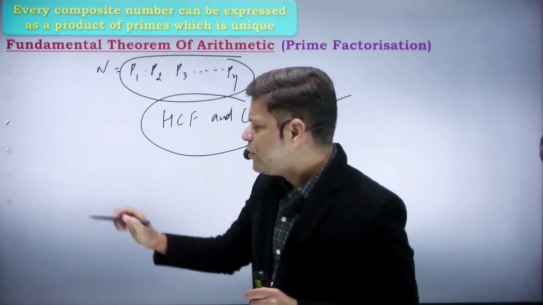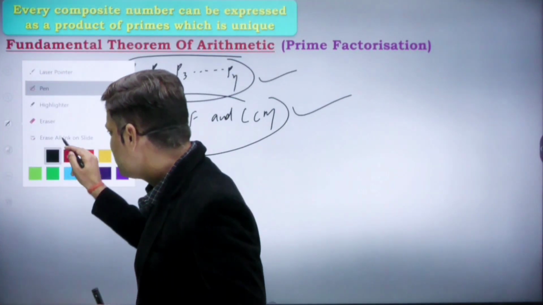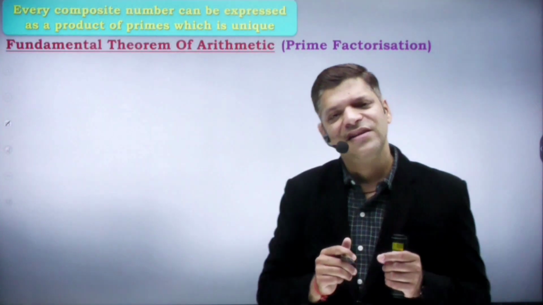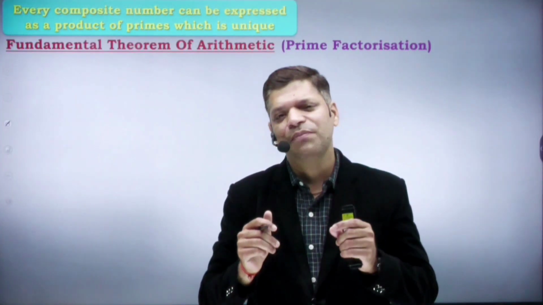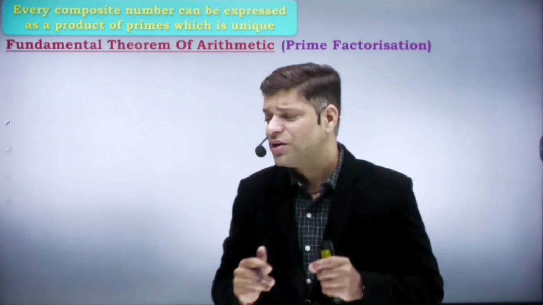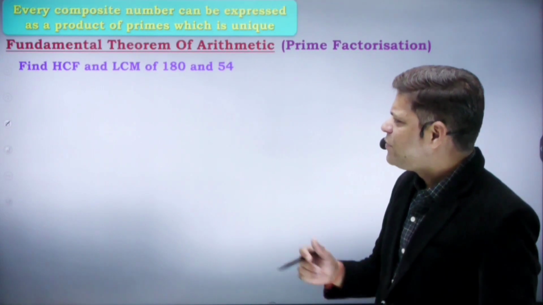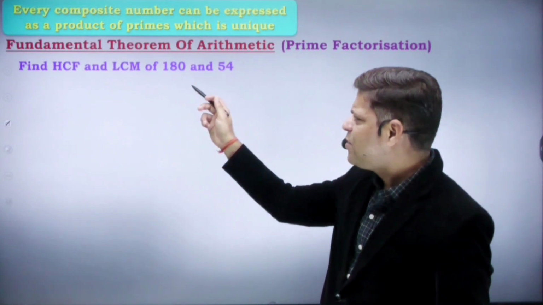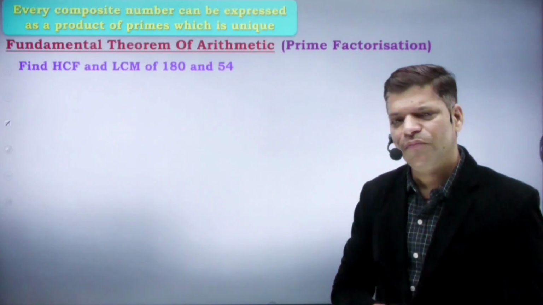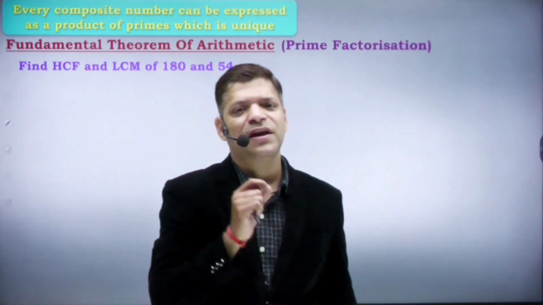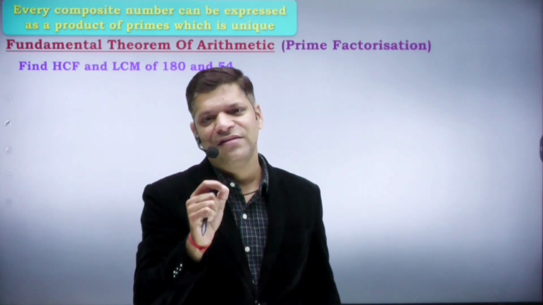Okay, so let me start. That is how we will find the HCF and LCM of given numbers with the help of prime factorization. Here we will take an example: find the HCF and LCM of 180 and 54. Two numbers are given and we have to find their HCF and LCM.